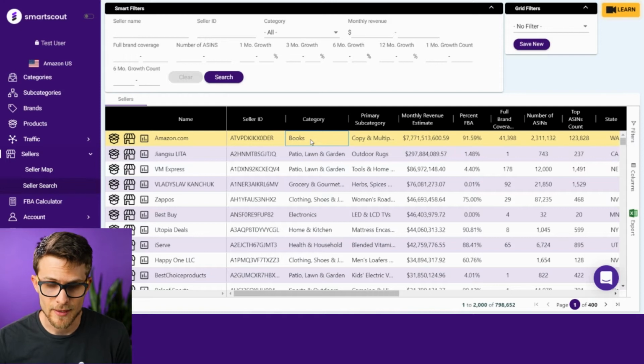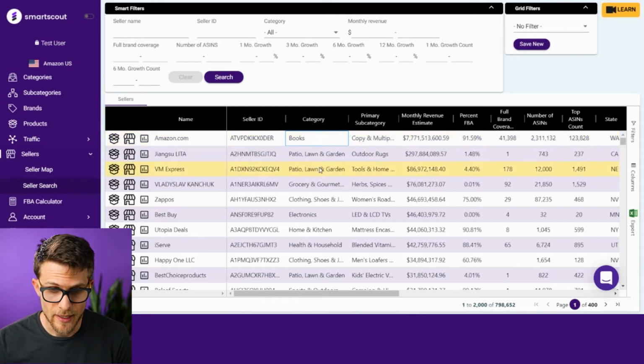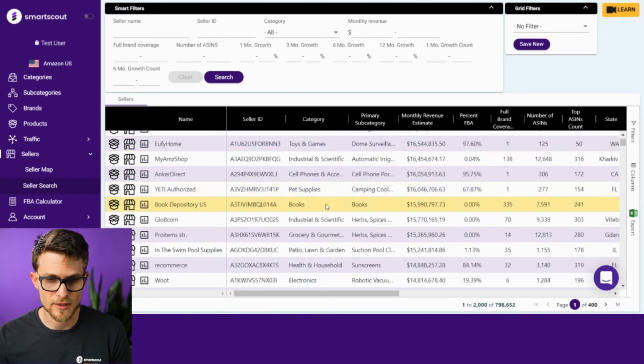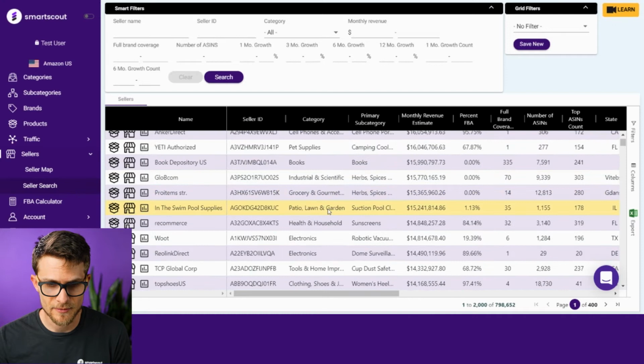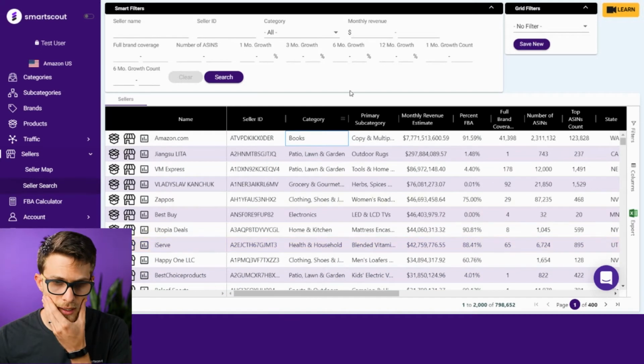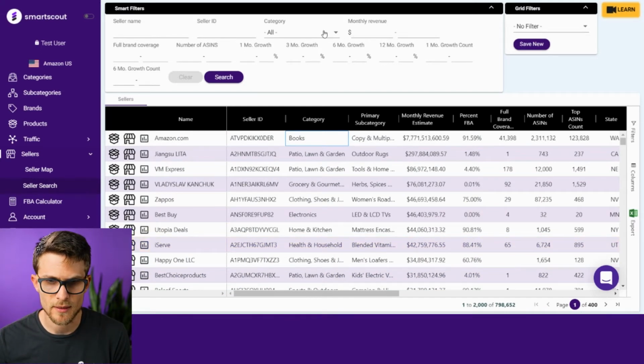I think that's actually a pretty well-known thing, that they started out to be the best bookseller, and now they sell everything on the planet. And you're going to find that a lot as you look through these other sellers, that there's companies that just don't seem to fit in their category. So as you're searching, I'd just be careful using the categories.